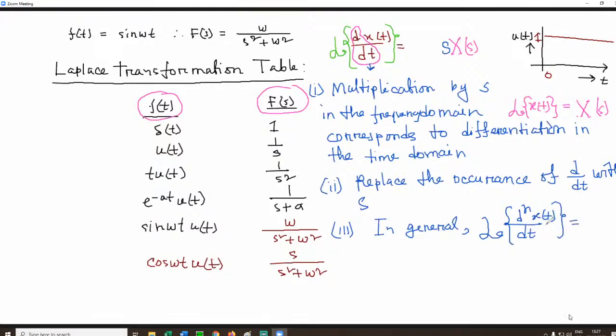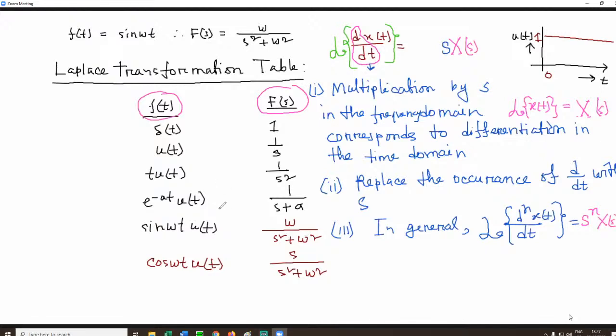Say it. S times X(s). S square X(s). S to the power n X(s). Okay, that is the formula.